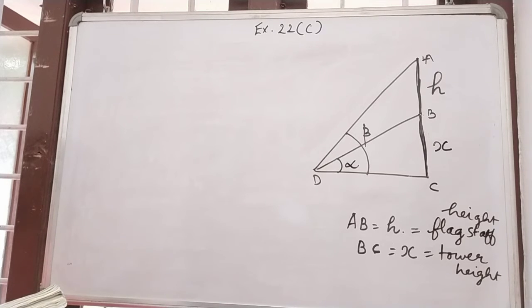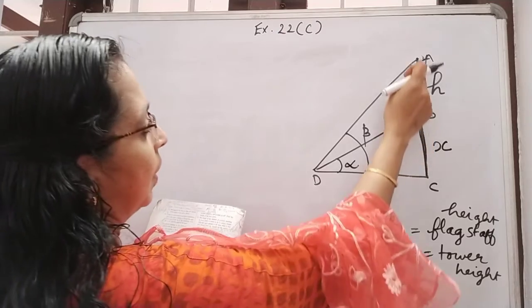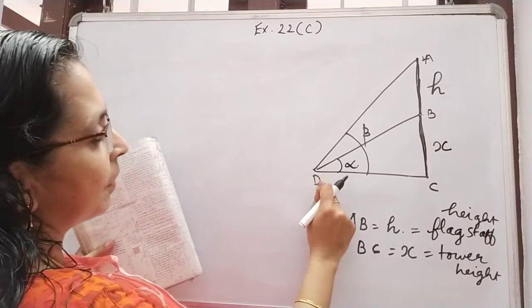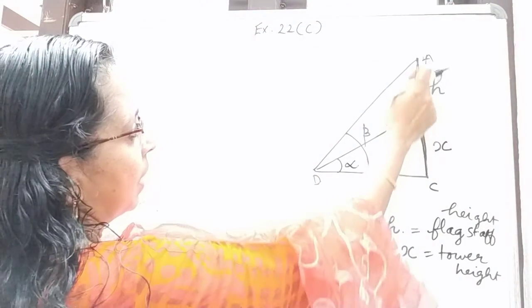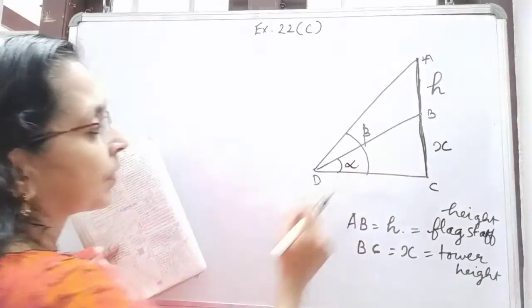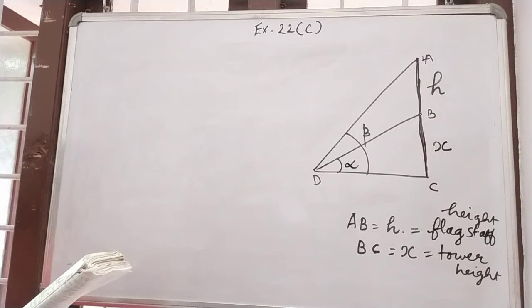Now the angles are given. At a point on the plane, the angle of elevation of the bottom of the flagstaff is alpha. Which flagstaff? This one. AB is the flagstaff, B is the bottom and A the top. So the angle of elevation of the bottom is alpha, and that of the top of the flagstaff is beta.